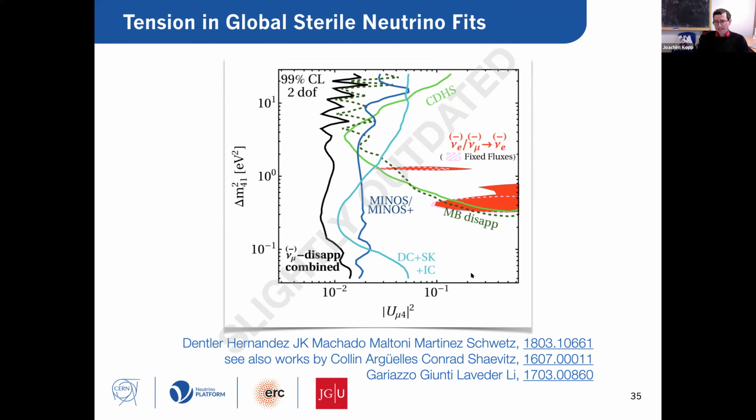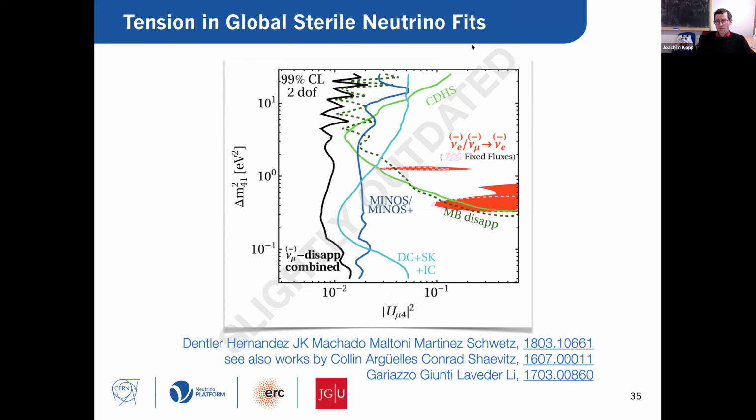So in this plane here, if we believe in the short baseline anomalies, then we would end up somewhere in these bright red parameter regions here. But then if we look at the non-anomalous results on muon neutrino to sterile neutrino conversion, and combine all of them, that gives the black curve here. So the region to the left of the black curve is allowed.